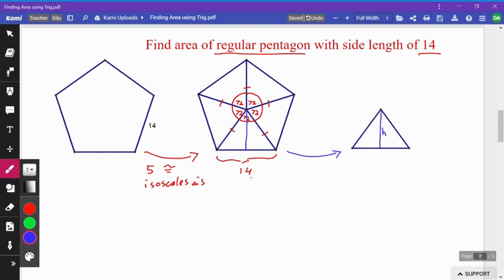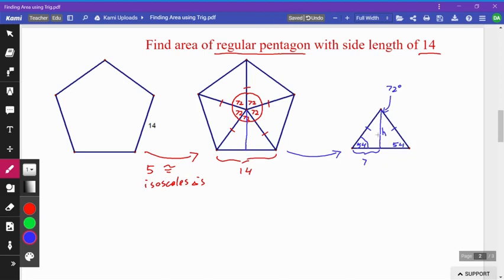I know that the side is 14, which is going to make this side right here 7. And then I just got to figure out this angle down here. Well, remember, it's isosceles, and this angle up here was 72 degrees. So if it's isosceles, these base angles are congruent, so each of these are going to be 54.